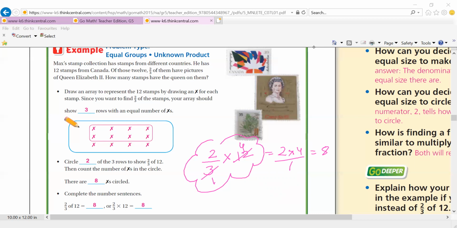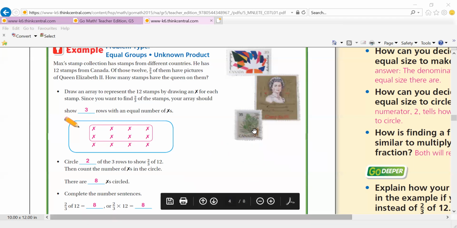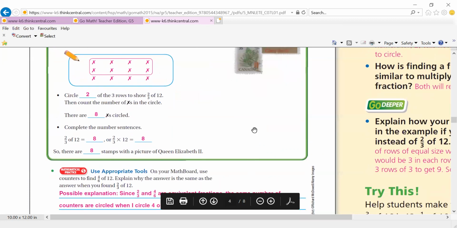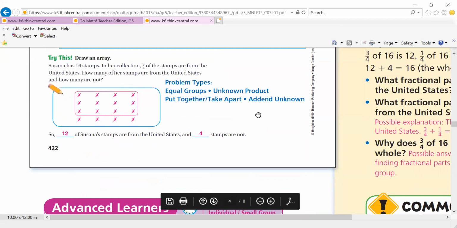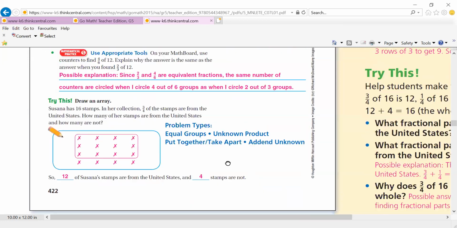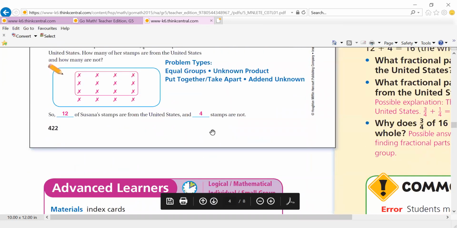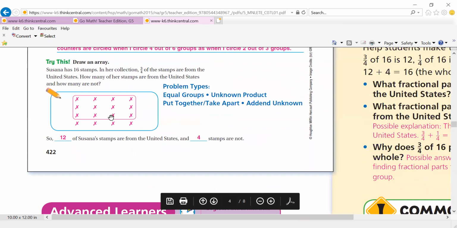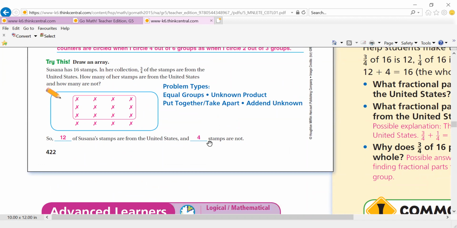Miss, so there are 8 stamps with a picture of Queen Elizabeth II. So we write 8 in the last one. You don't need to write this. Leave the last part also. Or just write 12 and 4, later you will draw it. Write 12 and 4. You have to show 4 groups. In each group you have 4.